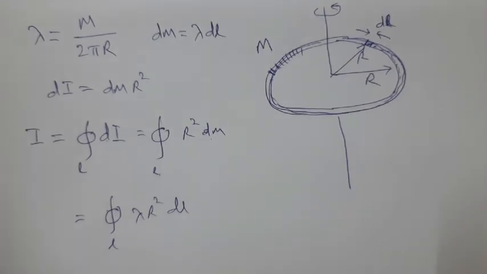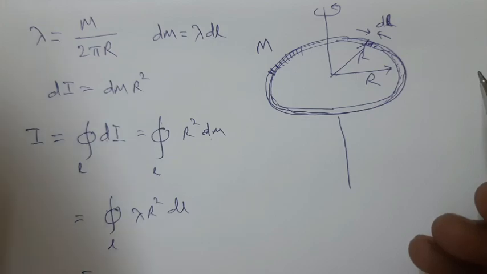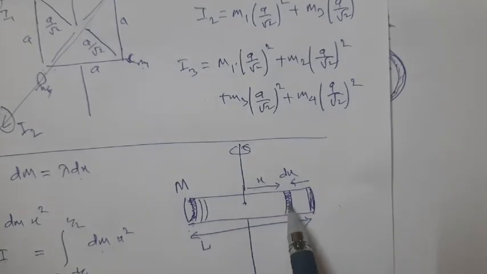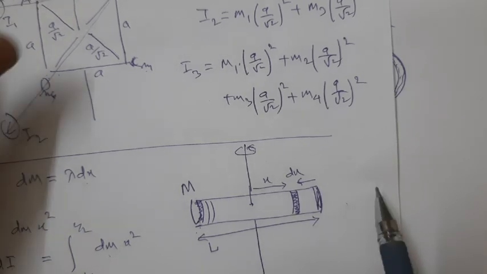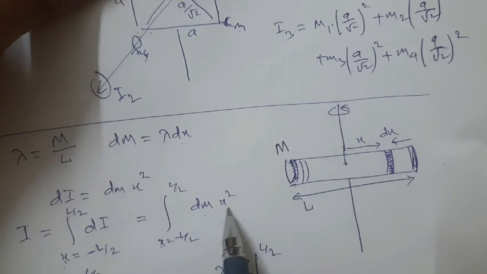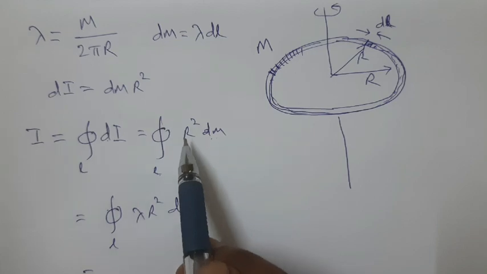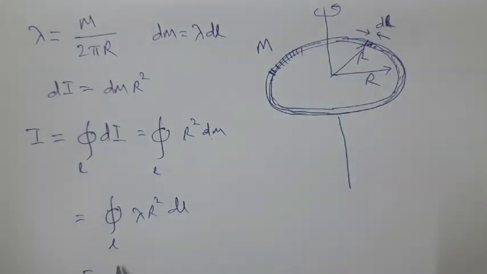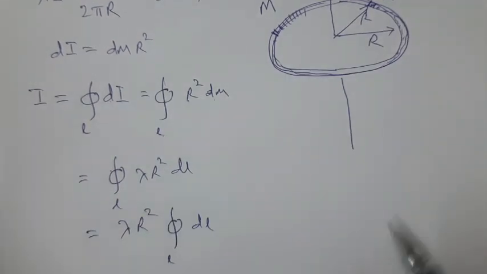It is fine. Now lambda is constant. Now in this case, for every element r is constant. See, in case of the rod, depending on the position of the element, x was changing. Dm x square was changing, x was changing. But here it is dm r square, and r is the same for all elements, and therefore that can be taken outside the integration: lambda r square times closed line integration of dl.